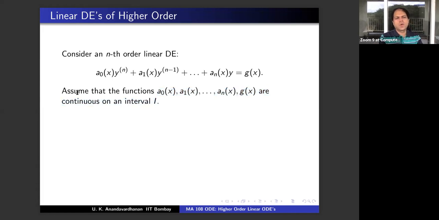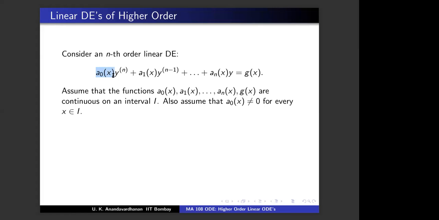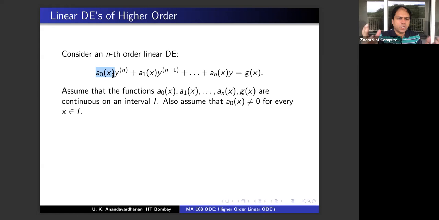Assume that these are all continuous on an interval I, and assume further that the leading coefficient, the coefficient of the highest derivative, is never vanishing on I. What can you do if that is the case? If this function is never zero on your interval of definition, what will you do? Divide by that, and then what do you call such an equation?